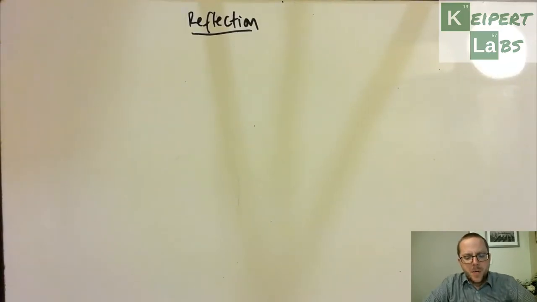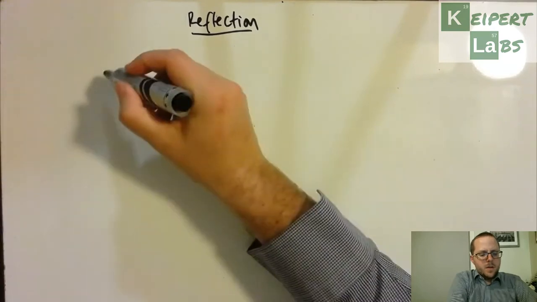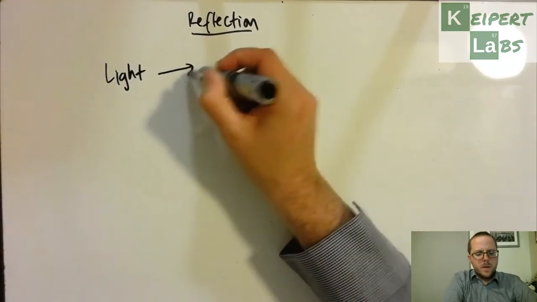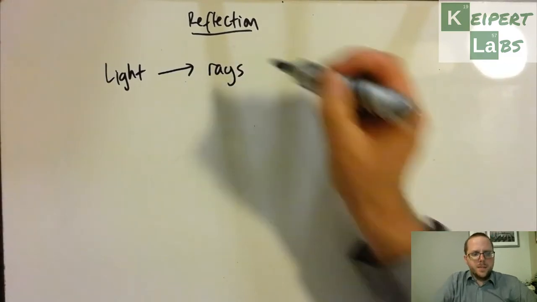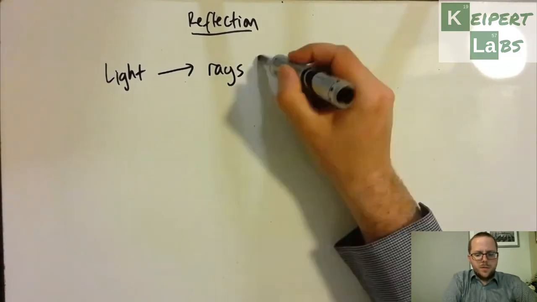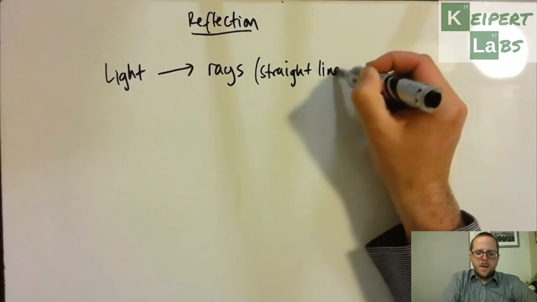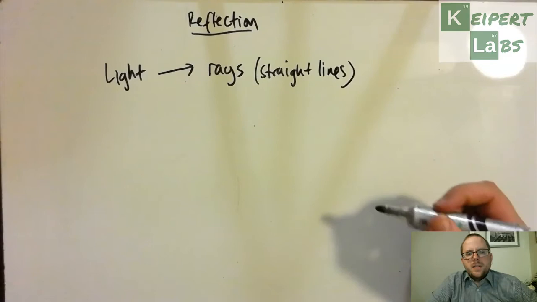In today's video we're going to be discussing the concept of reflection. Okay, so we've looked at this idea that light travels in rays, that is, straight lines. Straight lines of parallel light, okay?